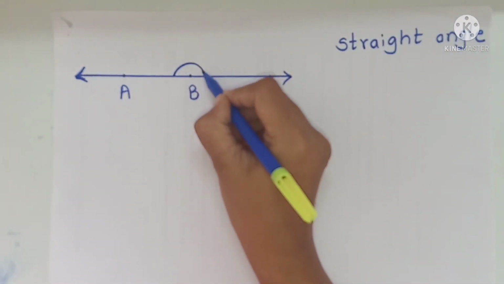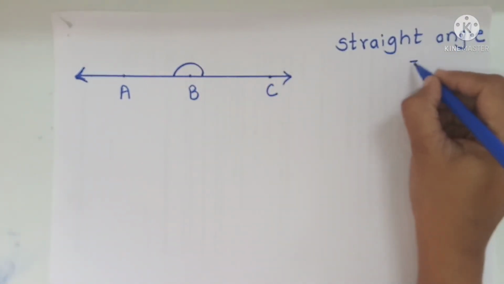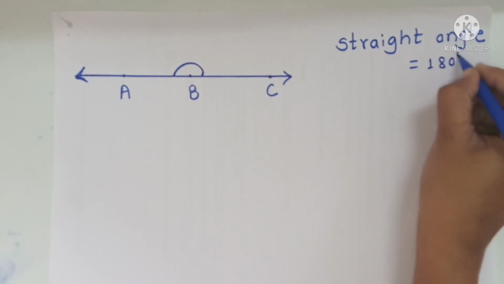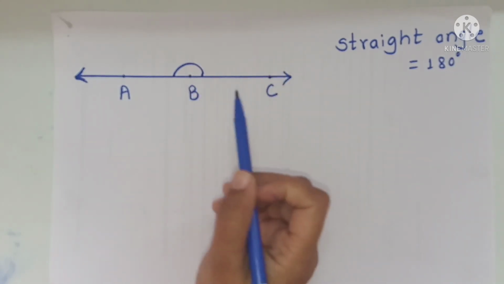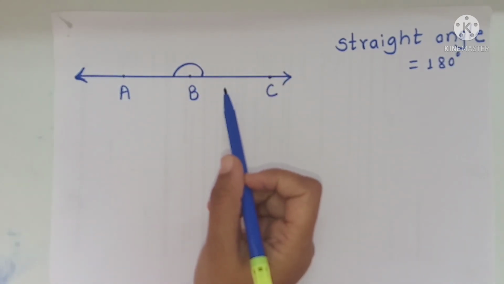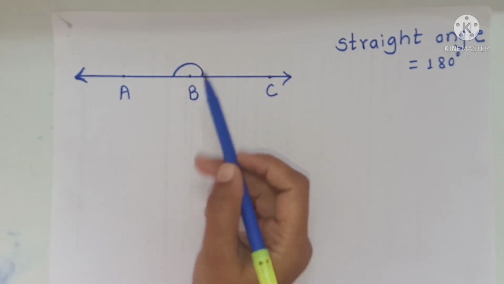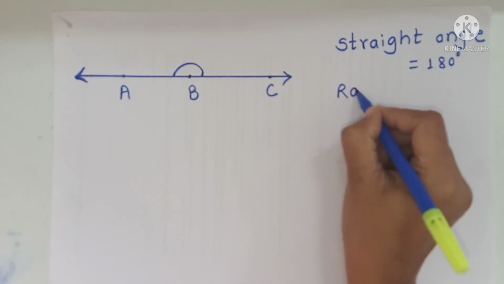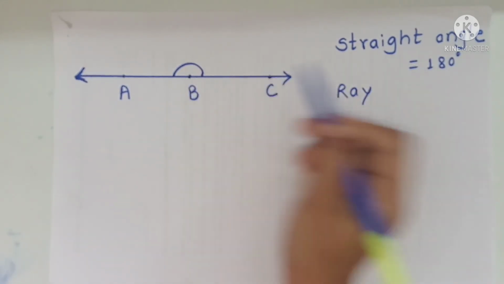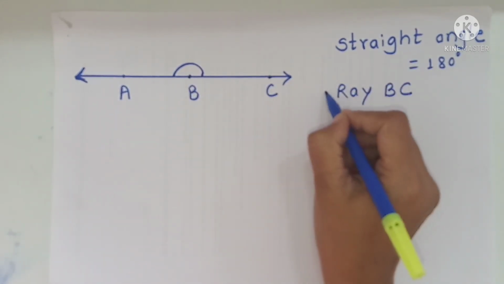This one. That is angle of 180 degree. Straight angle is formed on this line, and here are two rays whose origin is point B. Ray BC and second ray BA.